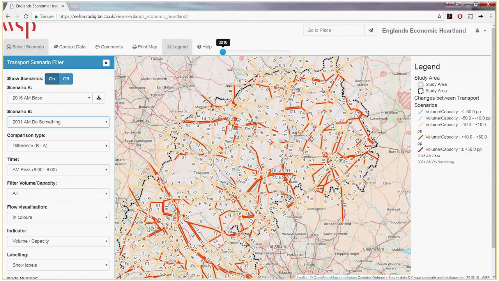As you'd expect, between 2015 and 2031, the amount of traffic on the network is increasing in most places, but there are a few blue links evident on the map, and that's where the volume versus capacity is going down, either because the capacity of the road's been increased or because some measures been taken to discourage people from using that particular route.